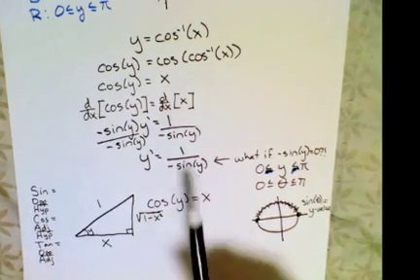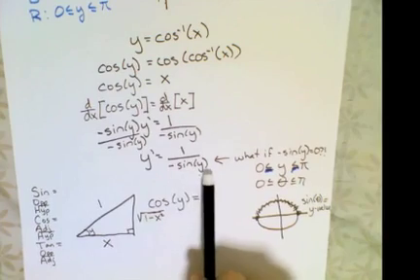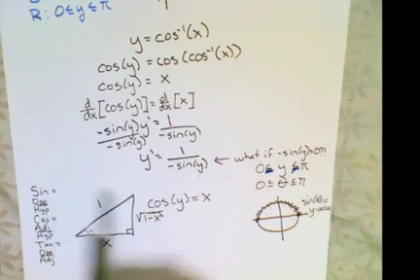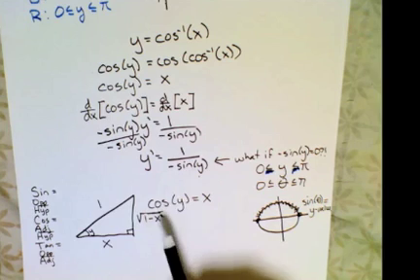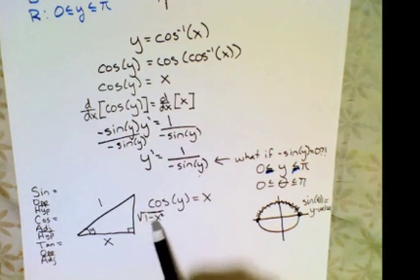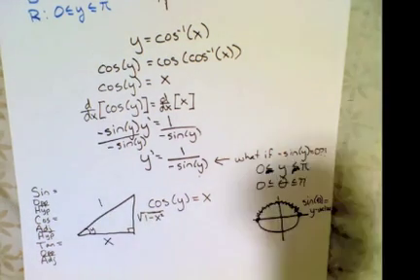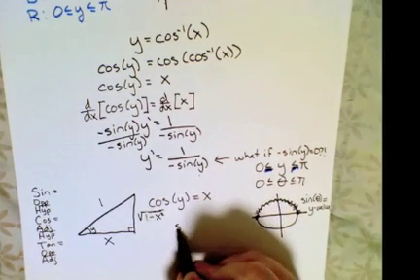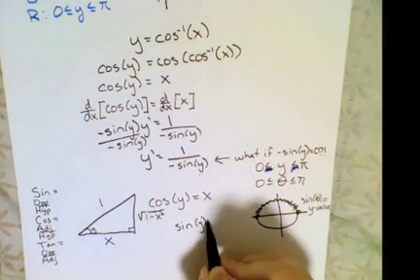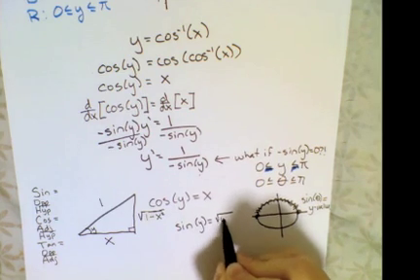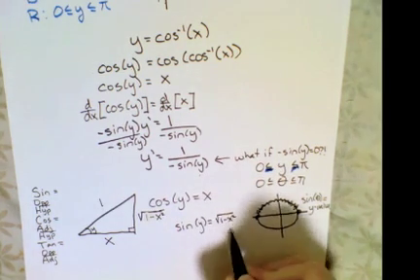Then, to get the sine of y, I have to do opposite over hypotenuse, which would be the square root of 1 minus x squared over 1, or just the square root of 1 minus x squared.